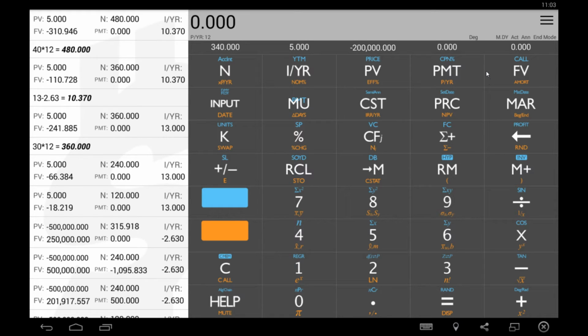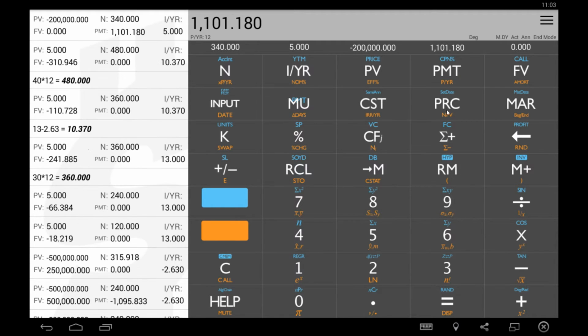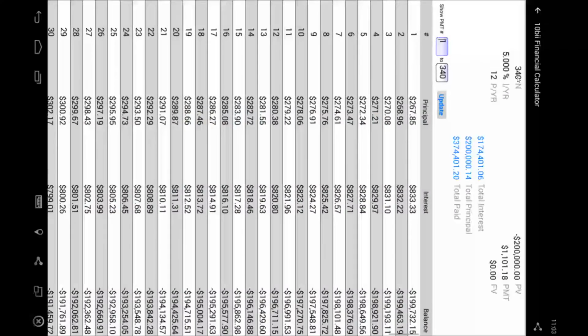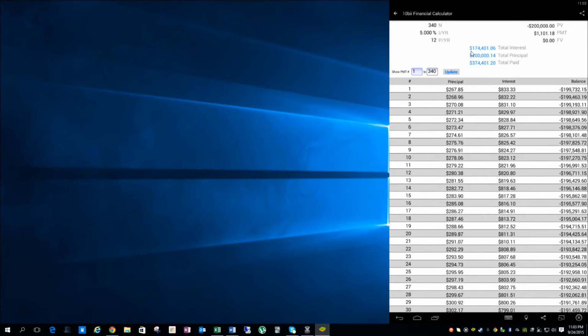And we're going to solve for payment. So that's what our amortization would look like. That's what our monthly payment would be in principal and interest. Now, to find out, we want to look at the total interest paid. So we're going to select the amortization, and we'll see the total interest paid is $174,000 over the course of 30 years. A little less than 30 years.